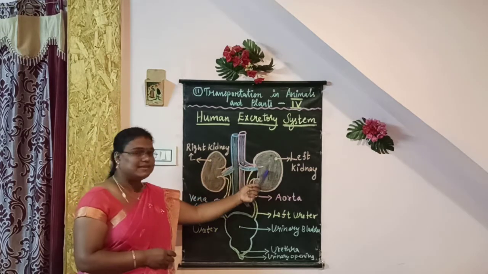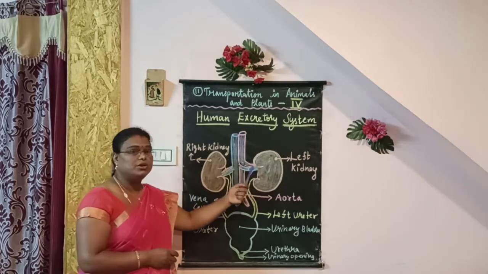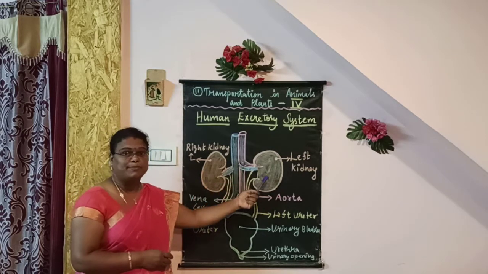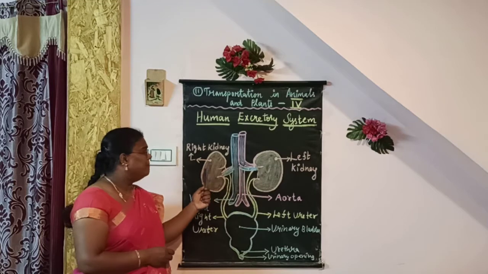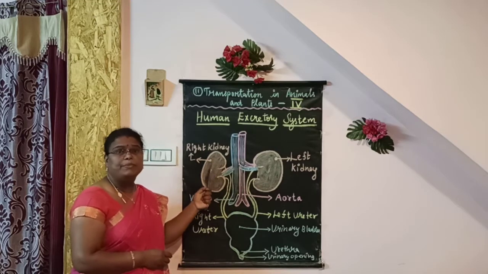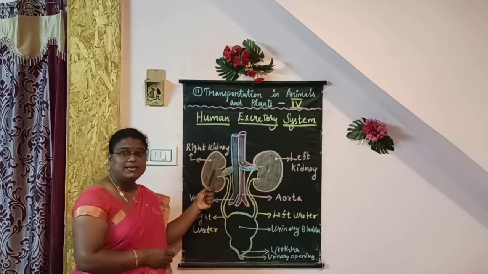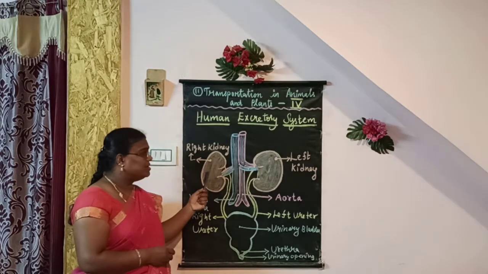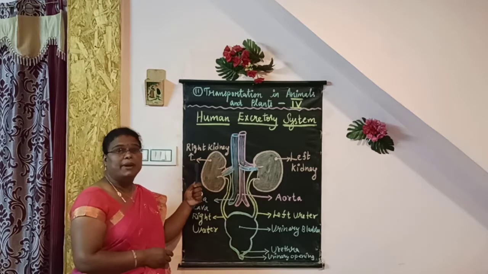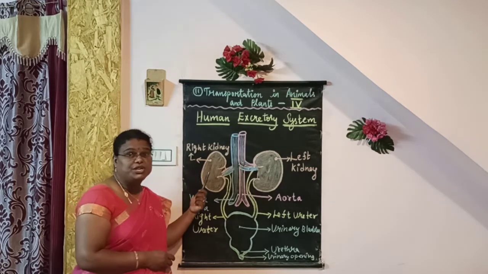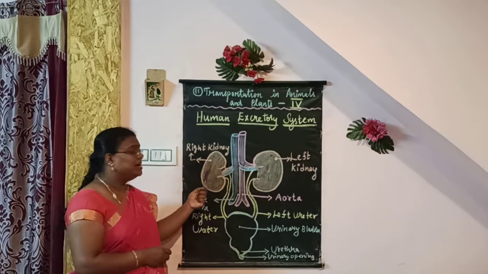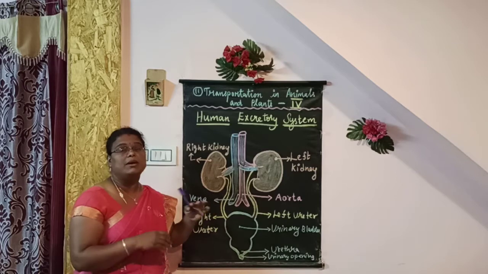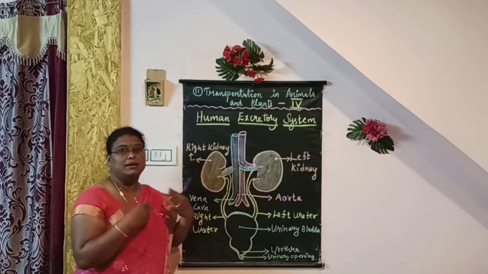This bean-shaped structure, the kidney, is the site where purification of blood takes place. Purification means the blood is separated from urea, that is the toxic substances, by the process called filtration. In the kidney only, blood filtration takes place. Here the blood is purified, the toxic substances are removed from the blood.